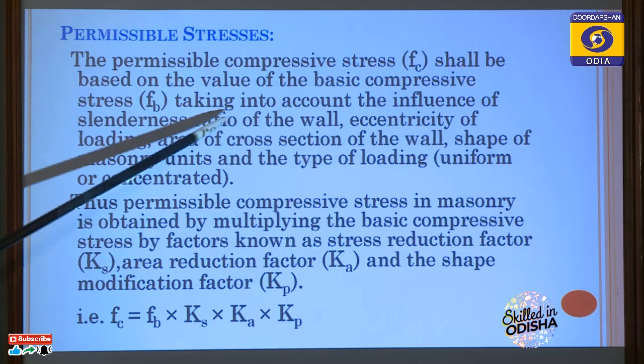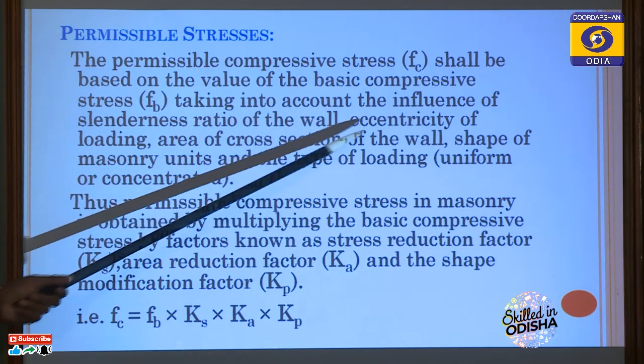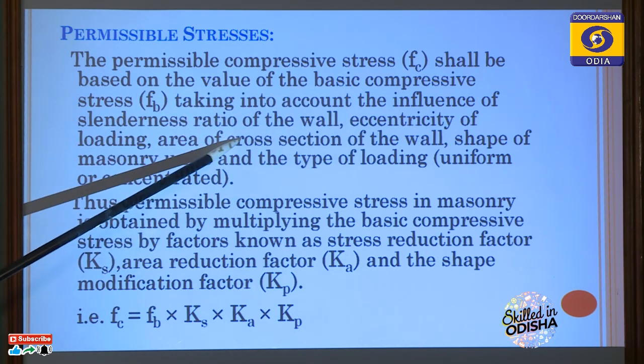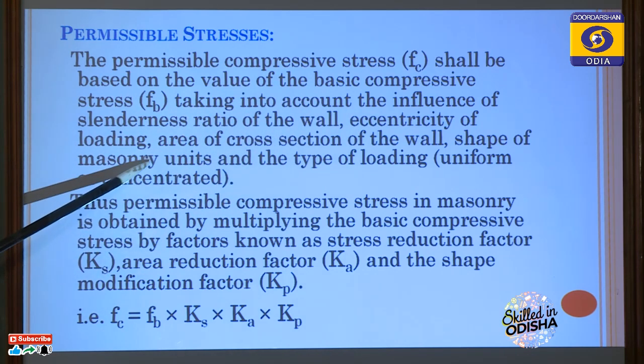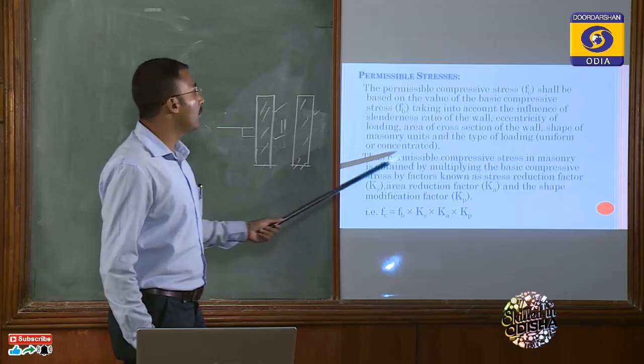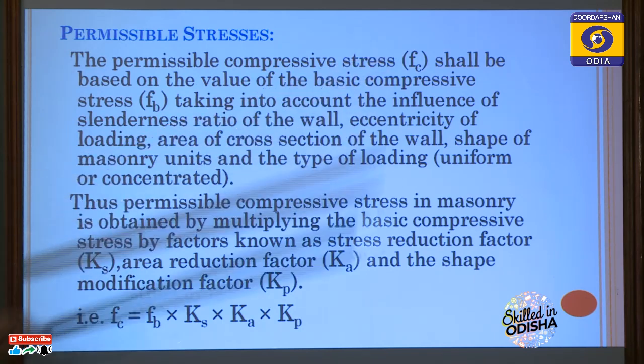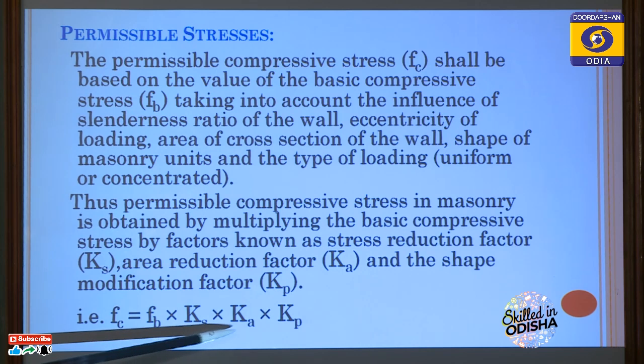So what other criteria are to be taken? The eccentricity of loading, slenderness ratio, cross sectional area and shape of the masonry units.